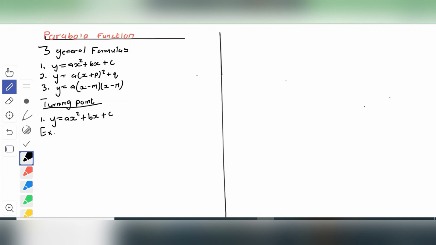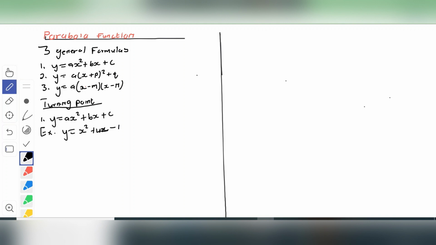Example, let's say you are given y equals x squared plus 4x minus 1, and the question says determine the coordinates of the turning point. Remember, whenever they talk about the coordinates of something, they need those two values, the x value and the y value.